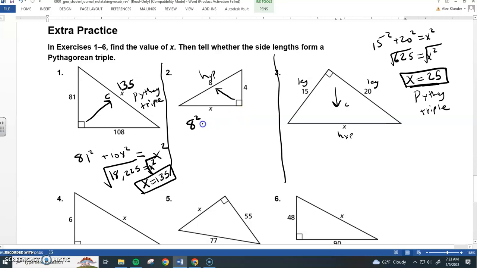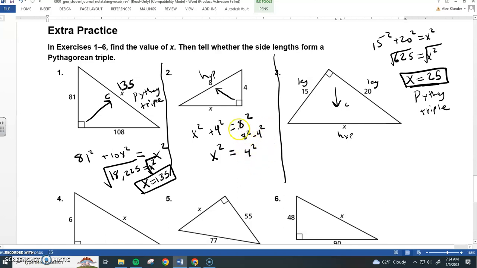What we're going to have to do is we're going to need to set up x squared and 4 squared and set that equal to 8 squared. 8 is a hypotenuse, so it has to be on its own side of the equation. Now what I can do here is I can still solve this out like a regular problem. But let's just be quick and cautious. Please do not do this and say that 8 squared minus 4 squared is 4 squared.